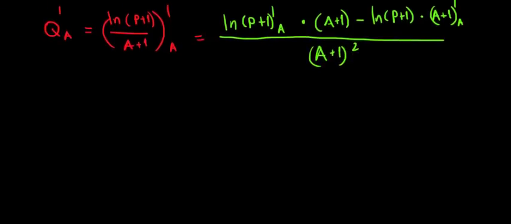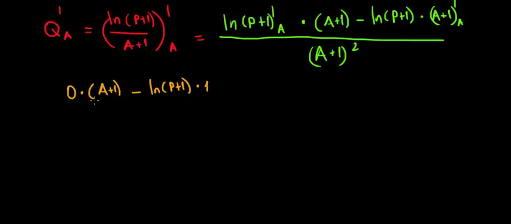What is the derivative of ln P plus 1 with respect to A? Well, there is no A there, so that's going to be just 0. So we have 0 times A plus 1 minus ln of P plus 1 times, what is the derivative of A plus 1? A derivative is 1 and 1 derivative is 0. So it's just 1 plus 0.